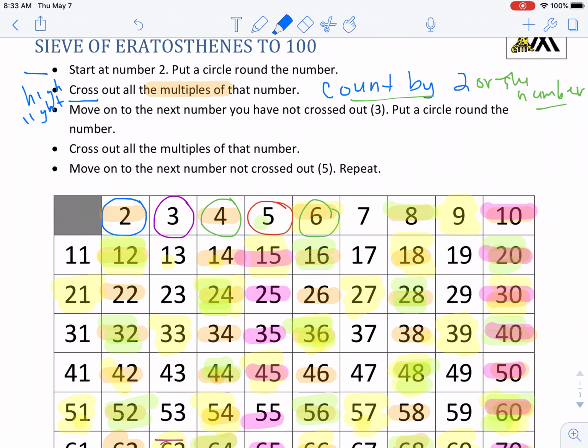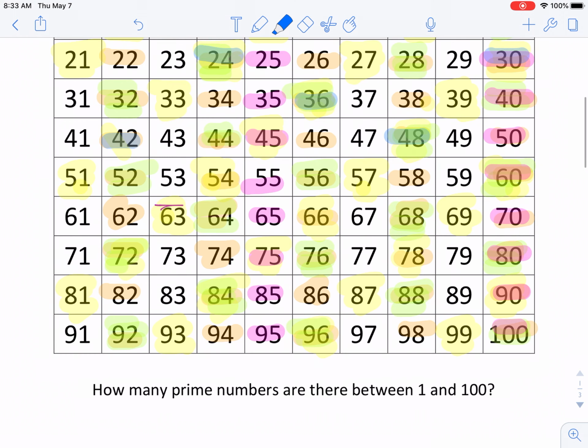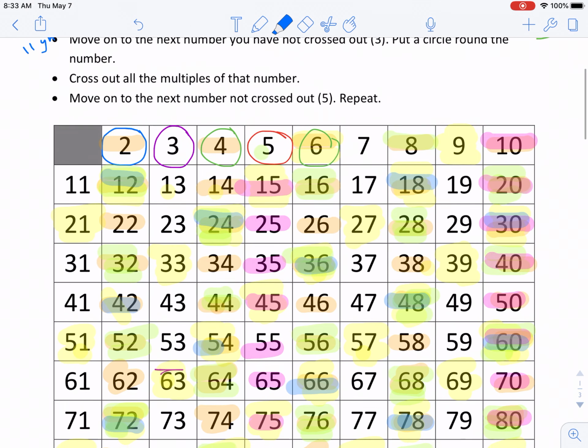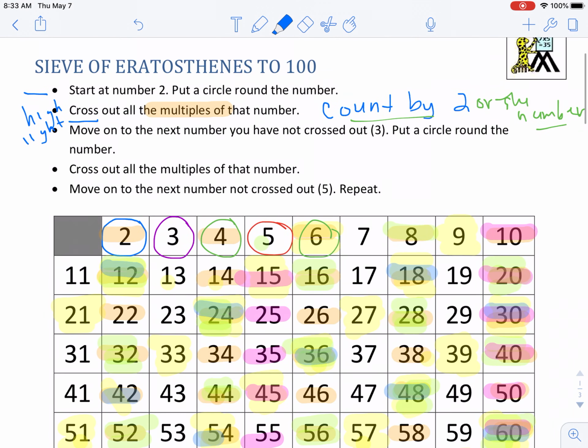So 6, 12, 18, 24, 30, 36, 42, 48, 54, 60, 66, 72, 78, 84, 90, 96. There we go. Those are all the 6s. Those are all numbers we've already used because 6 is an even number.